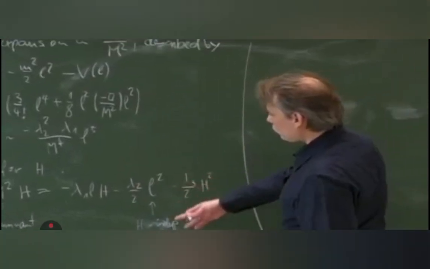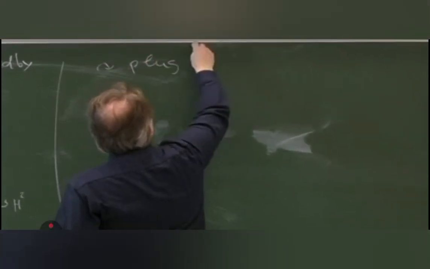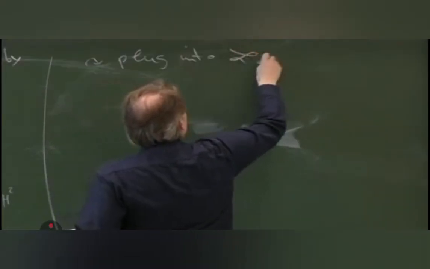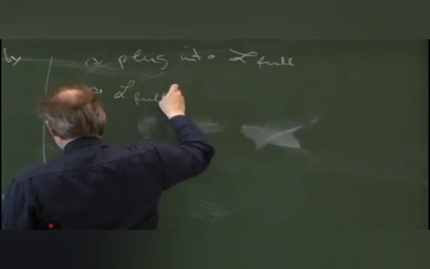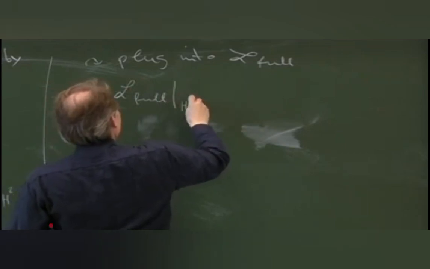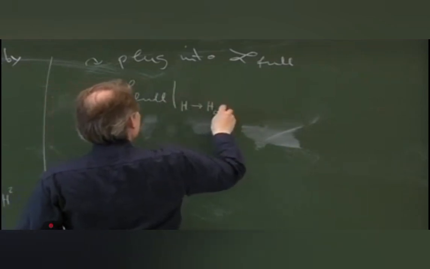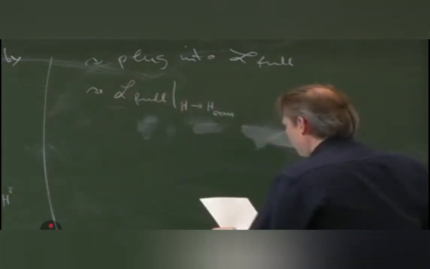Then in this procedure, we plug the solution into the original Lagrangian. We plug it into the full theory, and concretely, if we do it, we obtain the following in this particular case. H is replaced by the solution H of the equation of motion.